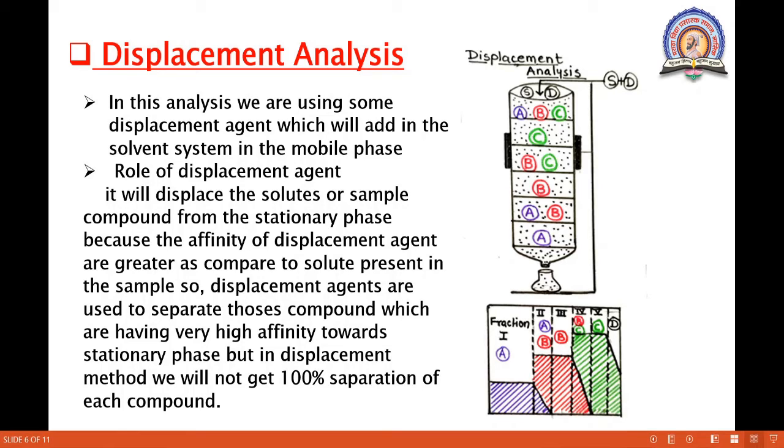In this technique we separate the compounds A, B and C, but along with that we also get the mixture of compounds. Here the AB and BC mixtures are also obtained, and at the last the C component, because this displacement agent displaces the C component which has greater affinity towards the stationary phase.